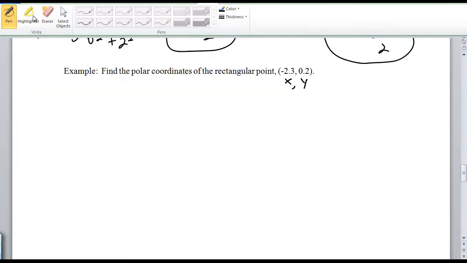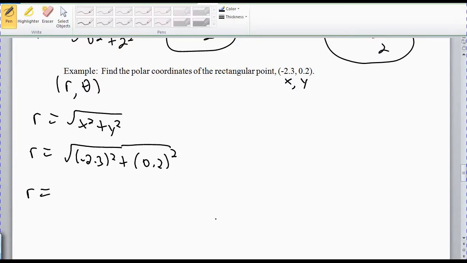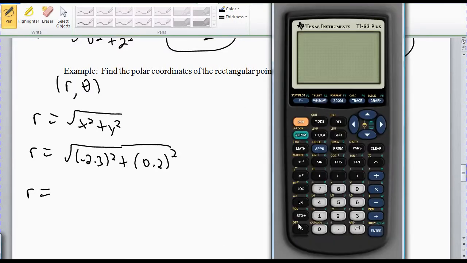Let's do this one. For this example, once again, we need to find r comma theta. So to find r, let's just go straight to the square root of x squared plus y squared. And x is negative 2.3 squared, and y is 0.2 squared. Let's take out our calculator and type that in all at once.